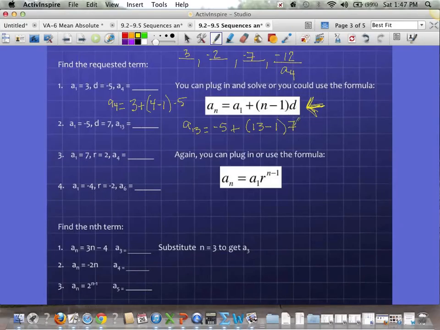And again, this is multiplication. 13 minus 1 multiplied to 7. You must do that first. So 13 minus 1 is 12. 12 times 7. And then add negative 5.